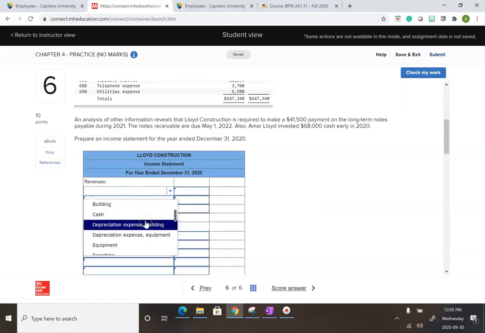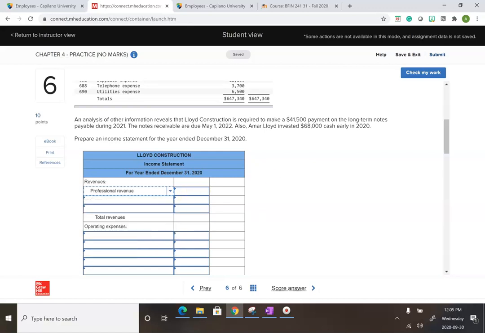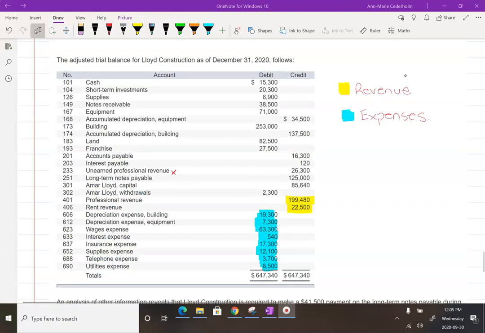I'm looking for my professional revenue, and that was 199,480. As I use it, I'll just tick it off, because once you use it, then you don't use it again.